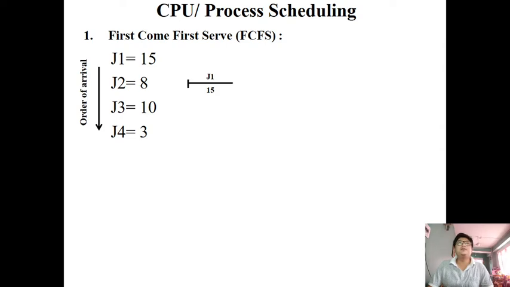Since J1 arrived first, J1 will be given the first preference for allocation of the CPU. J1 will execute for 15 units of burst time, J2 for 8 units, J3 for 10 units, and J4 for 3 units.